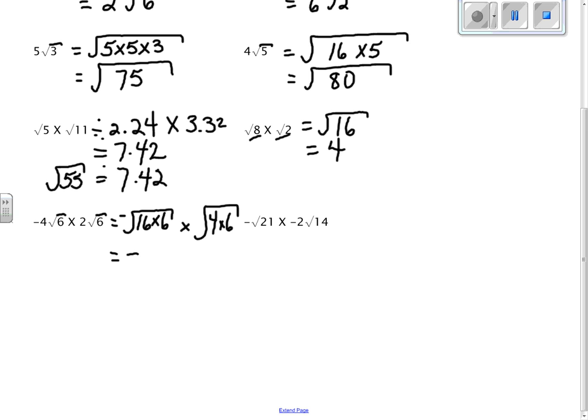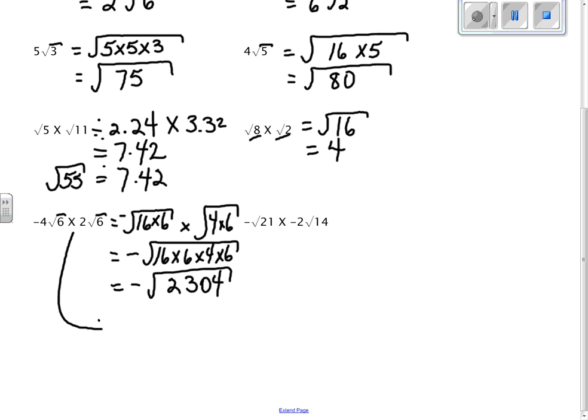I know that I can put all of that under one root sign for multiplication. So 16 times 6 times 4 times 6 is the square root of 2,304, which is kind of ugly and hard to know what factors it has.